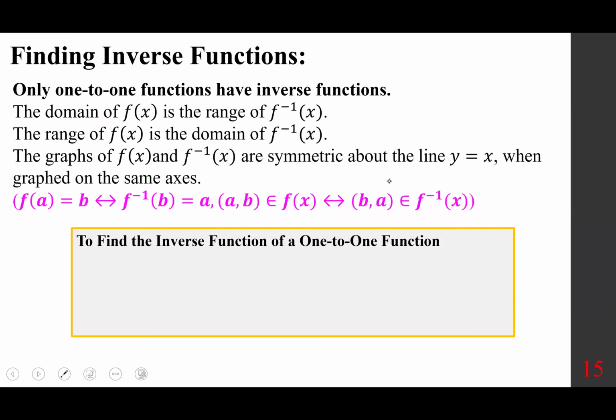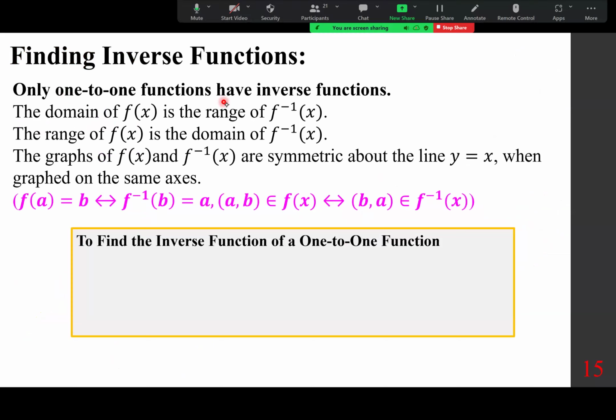All right. Finding inverse functions. Only one-to-one functions have inverse functions. The domain of f is the range of f inverse. The range of f is the domain of f inverse.